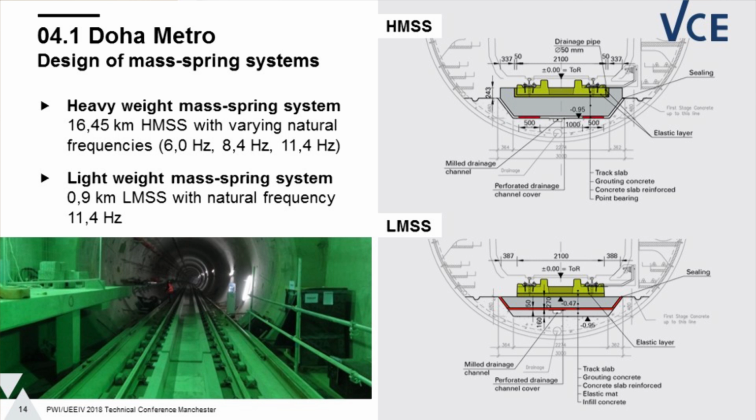And we have this so-called light mass spring system, which has a higher natural frequency, lower mass, and a full surface bearing, which is marked in red. So basically, we varied the natural frequencies also for the heavy mass spring system, depending on the requirements. We came down to 6 Hertz, 8 Hertz, or 11 Hertz as required. The lightweight mass spring system also shows 11.4 Hertz, but it shows a different insertion loss in comparison to the heavy mass spring system.